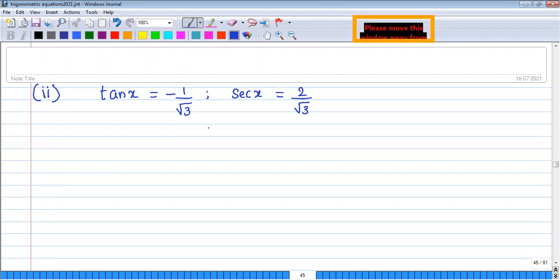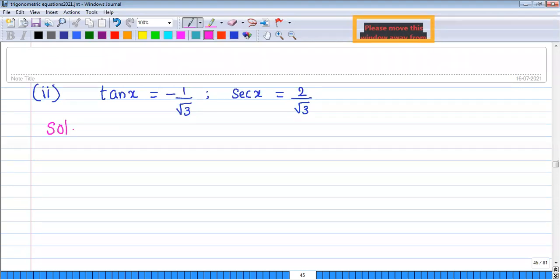For this one also we need to write the general solution, but with simultaneous equations. First, common solutions of both tan x equal to minus 1 upon root 3 and secant x equal to 2 upon root 3. First we need to decide in which quadrant x lies, that we need to find out first.